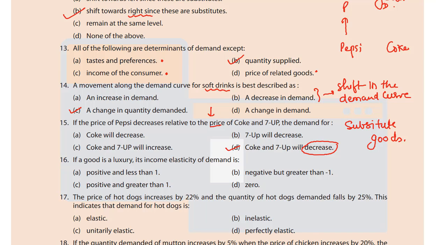16th. If a good is a luxury, the income elasticity is, students, it is a luxurious good and it is not a normal good. You should understand it over here.